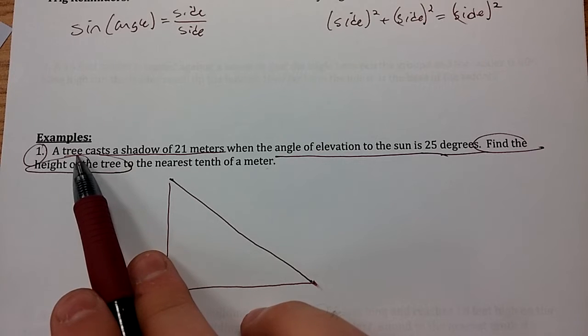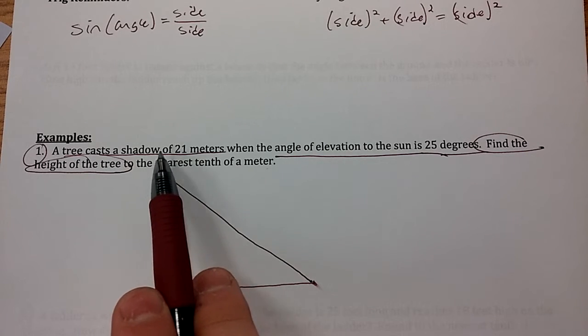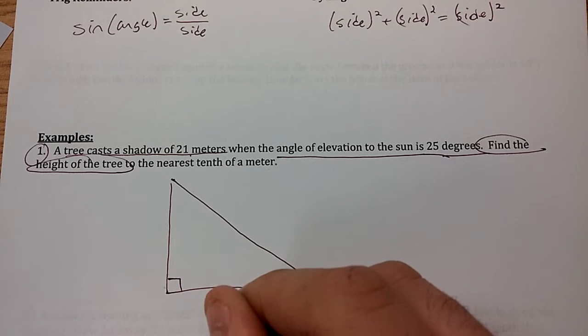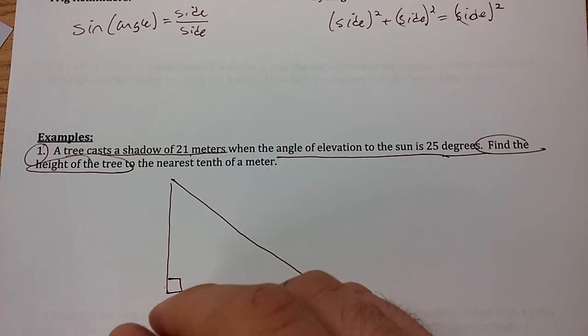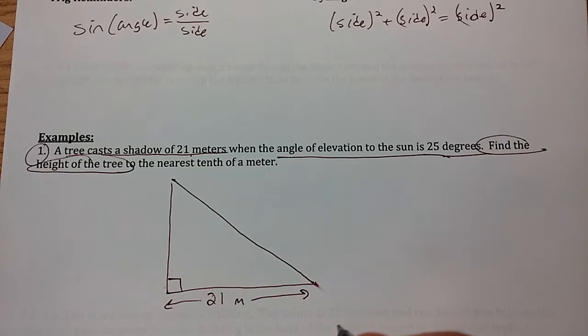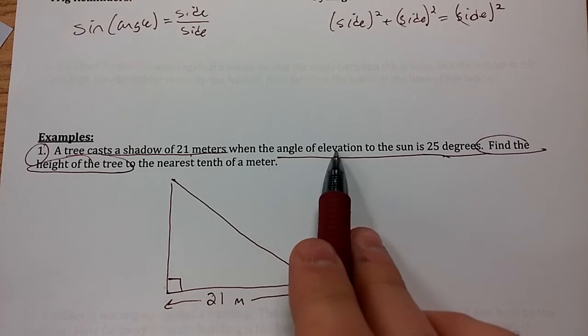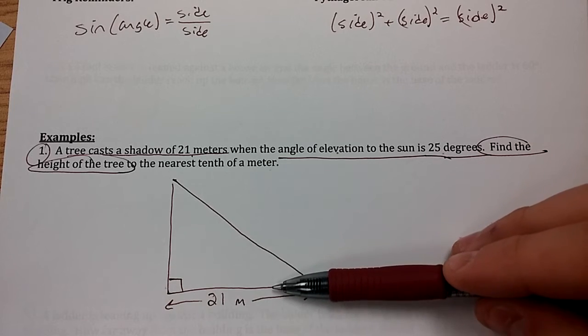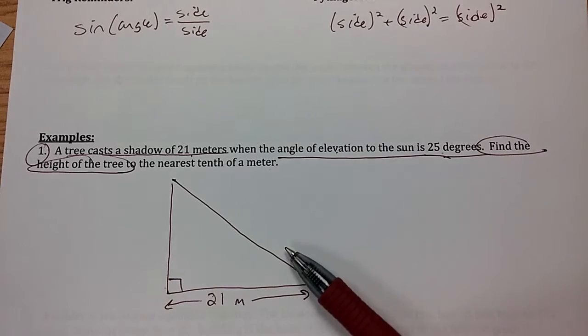Label the known values. A tree casts a shadow of 21 meters. Shadows appear on the ground. So 21 meters would go on the horizontal side length, here to here. Angle of elevation to the sun is 25 degrees. The angle of elevation is going to be from the ground going upwards toward the sun.